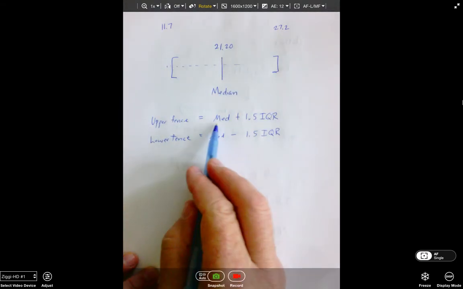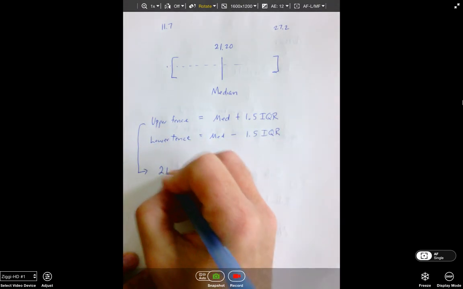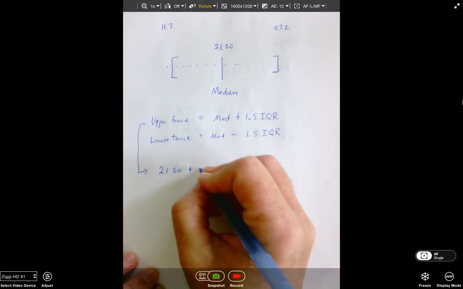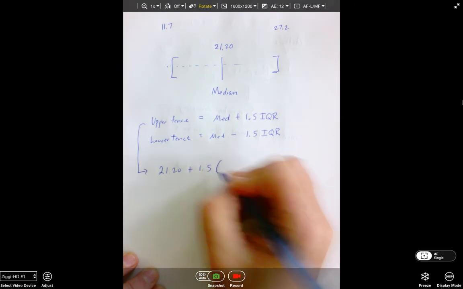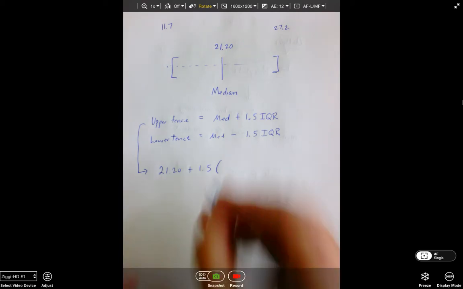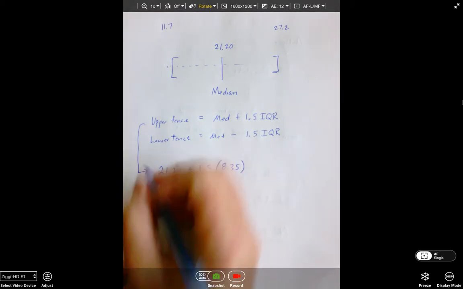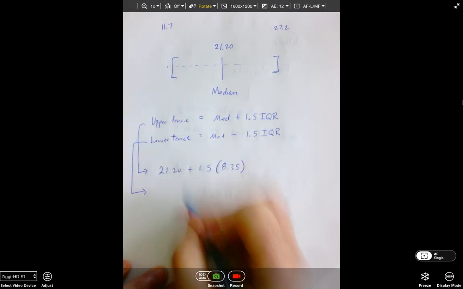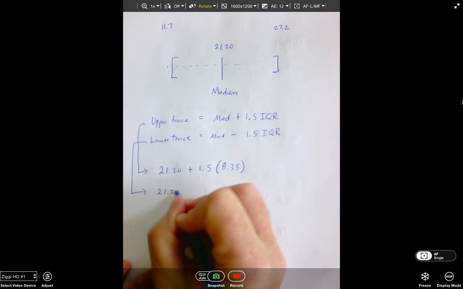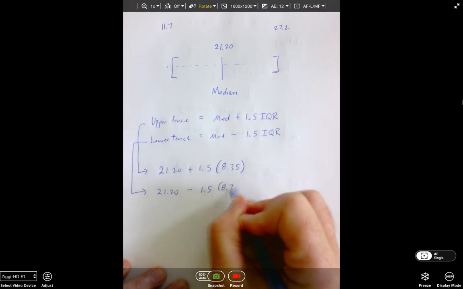So the upper fence is going to be the median plus 1.5 times, we saw earlier that the IQR was 8.35. The lower fence is going to be 21.20 minus 1.5 times the IQR.